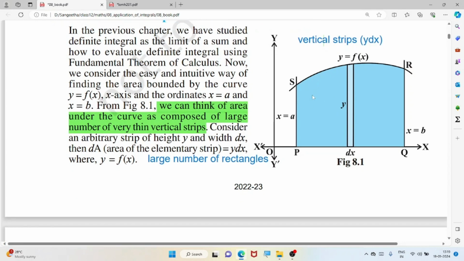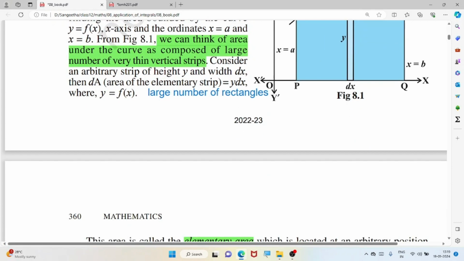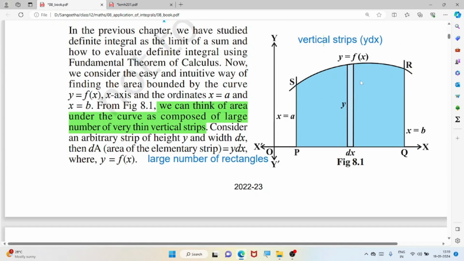If we take a large number of strips, then each will look like a rectangle. Here it is not perfectly a rectangle, but if you divide this curve into a large number of strips, then you will get a perfect rectangle. The area of the rectangle is length into width, with the length y and this width dx.